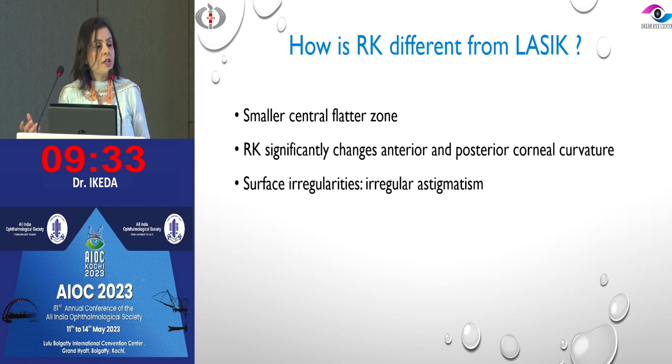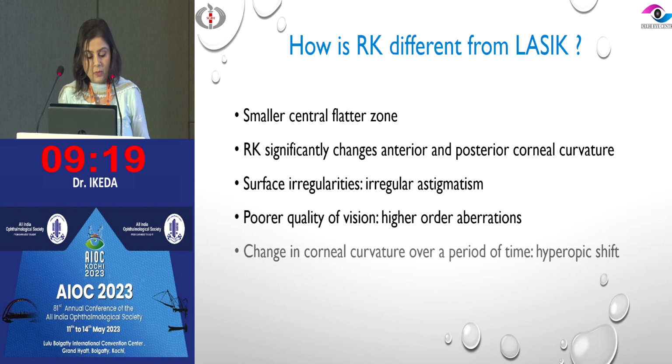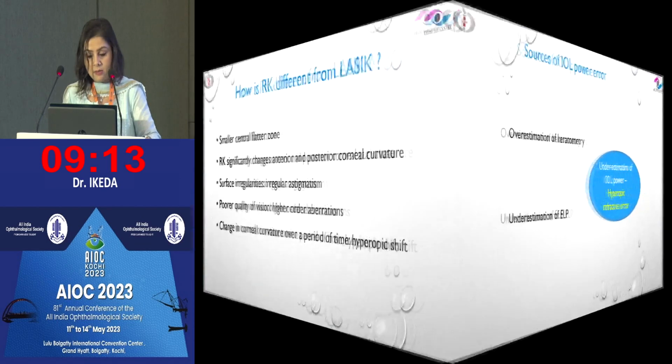We have surface irregularities. There are areas which are steep and areas which are flat, and this leads to irregular astigmatism. All of these factors ultimately end up in higher order aberrations and poorer quality of vision. These patients also have a hyperopic shift over the years, and these are all the challenges that we face.